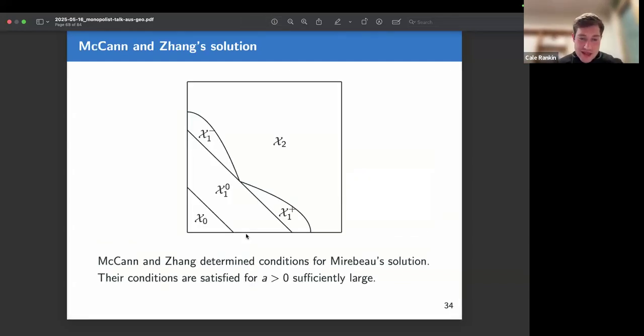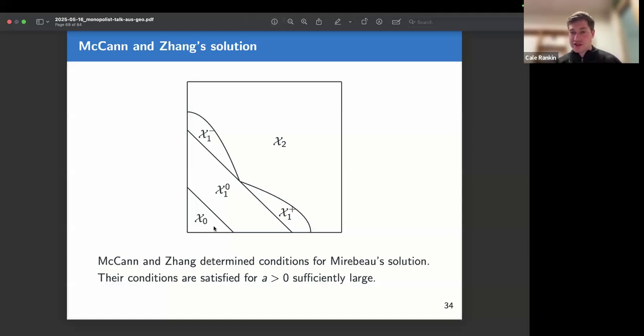Now, McCann and Zhang, Robert and Kelvin, they determined conditions for these solutions, which the numerics were hinting at, to be the correct solution. So they conjectured that it would look like this, a region where you're 0, a region where you're affine along line segments orthogonal to the diagonal, and 2 additional regions, which were showing up in Mirabeau's numerics.